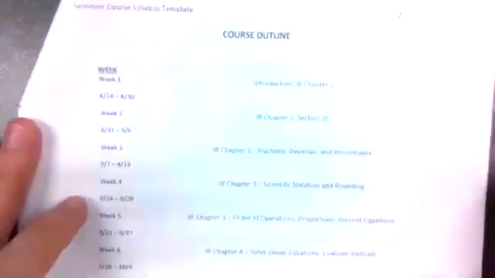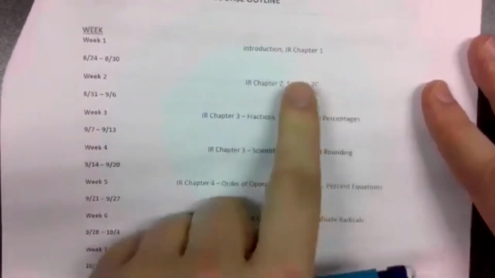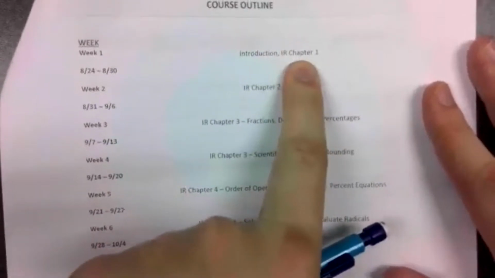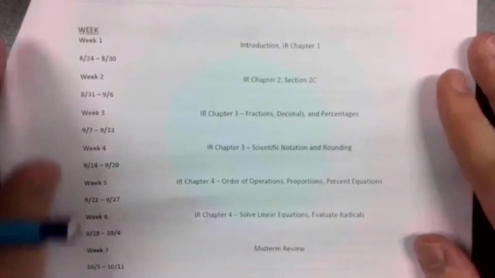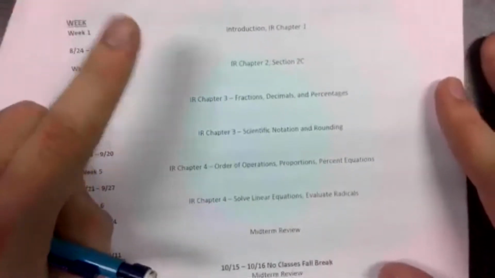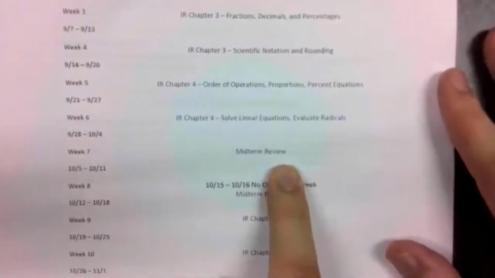All right, so for the next page, this is going to be the most important thing in the syllabus. So this is the course outline. This is what we're doing each week, and this is what to do each week. So chapter 1's due at the end of this week, chapter 2 at the end of next week, and so on all the way down. There will be homework and quizzes each week, except for a few of them, like when we have the midterm review.